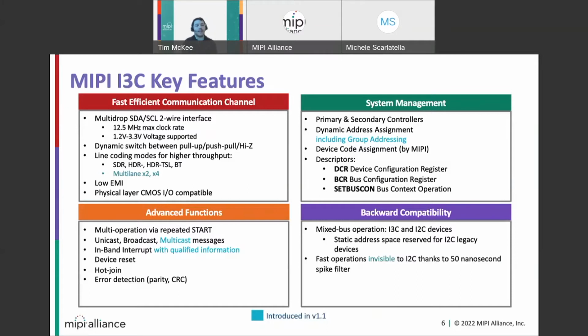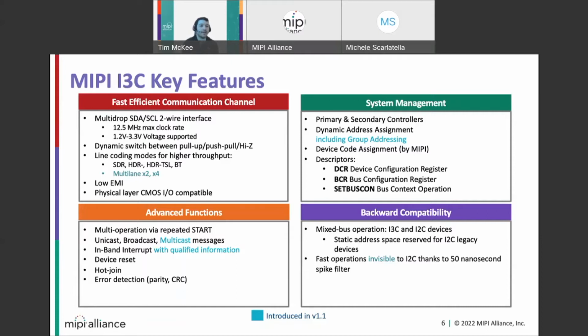So key features. I3C was based on a fast and efficient communication channel. If you've been around since I2C, that was even some of the thoughts back then, but I3C makes it even better. So key features: it's a multi-drop 2-wire interface, max clock rate up to 12.5 megahertz. Also different voltage ranges can be supported. On top of that, there are some optional features that allow for not just a standard data rate, but a higher data rate.